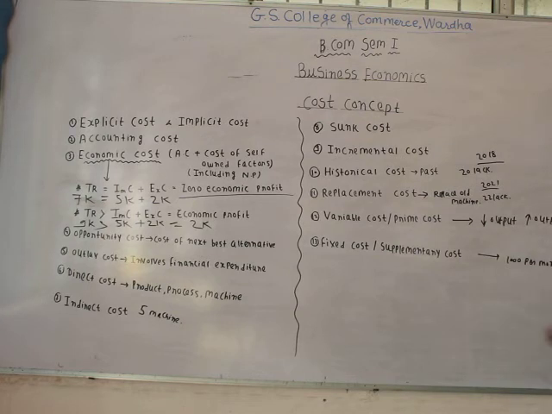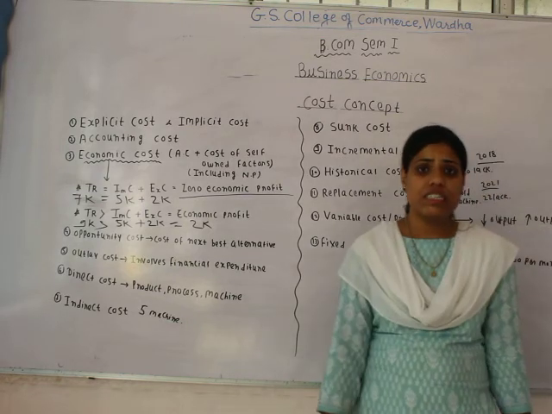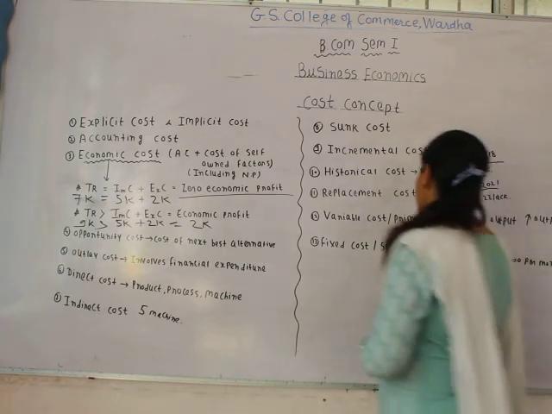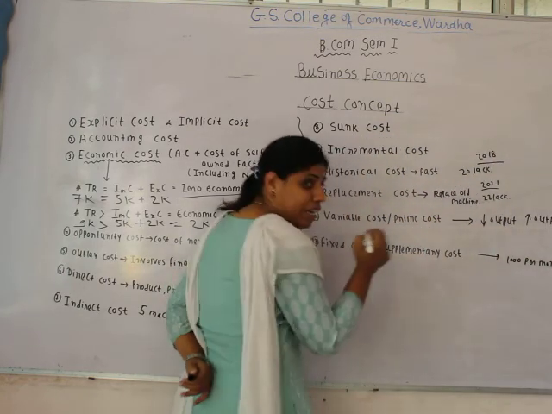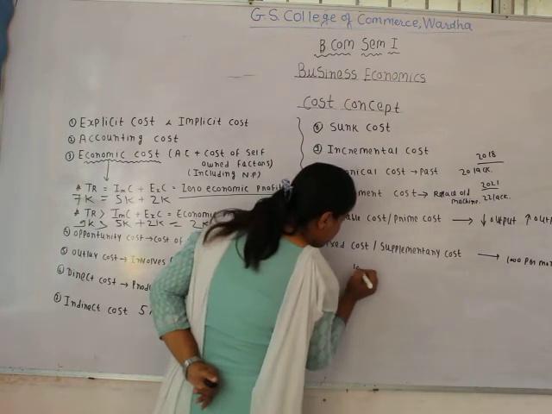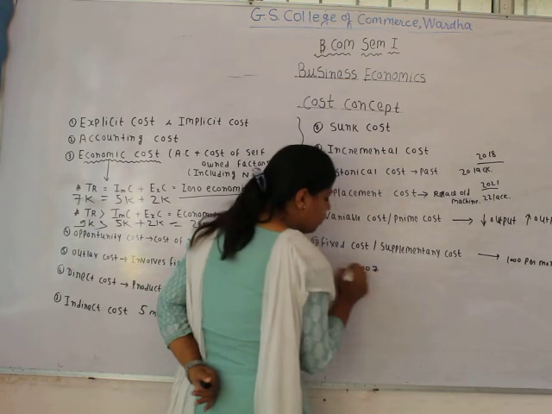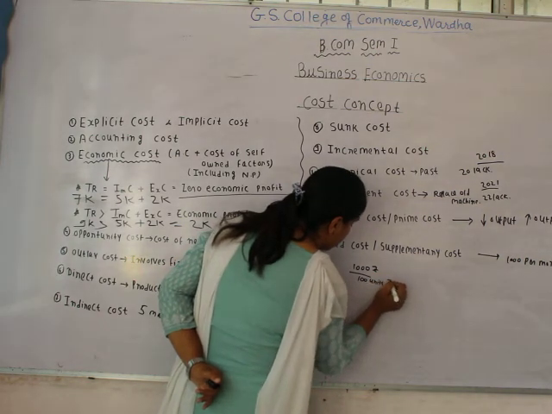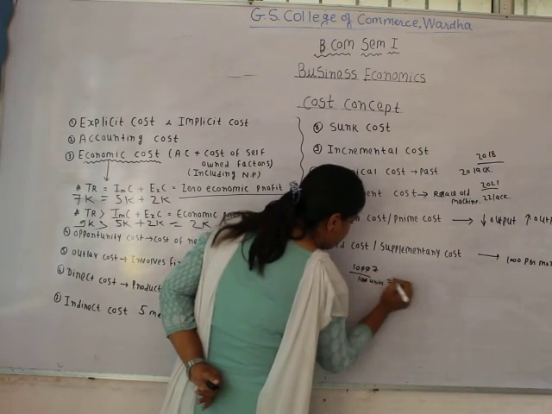One more thing that we need to consider under fixed cost is that when the units of production increase, the fixed cost per unit decreases. Like if you are paying factory rent of 1000 rupees per month and you are producing 100 units, here your per unit cost would be 10 rupees.